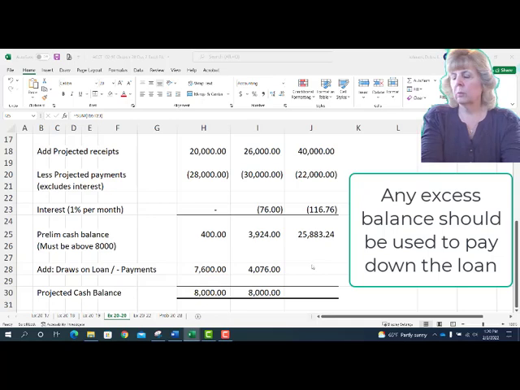So to wrap this up, since we have over $25,000 and we are required to have $8,000, we would pay off the principal of this loan with any remaining excess.